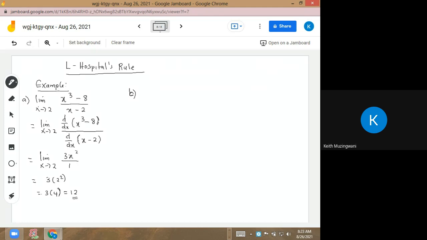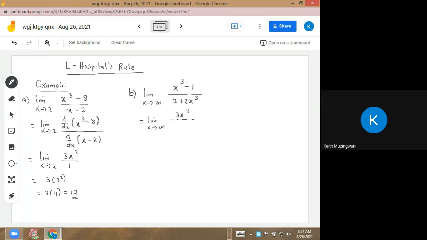Okay, so the limit as x goes to infinity of x to the power 3 minus 1 over 2 plus 2x to the power 3. If you try infinity on top, infinity down, you have infinity over infinity. So then you say, okay, I will differentiate the numerator. It will give us 3x squared.